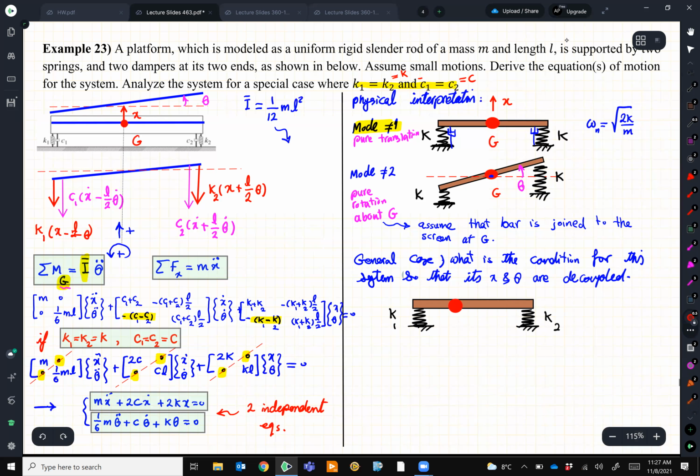So this is G. And let's assume the distances from the two sides are A and B. So this is A and this is B.